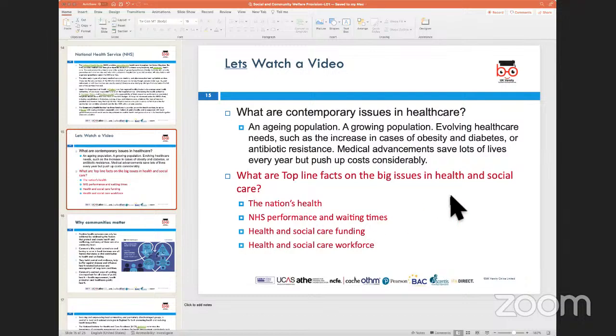Some of the top line facts we look at in terms of big issues: how does the government look at, for example, waiting times? One of the key things some of you will have noticed, covered time and again in the news, is the waiting times for A&E services, or ambulance and emergency services.